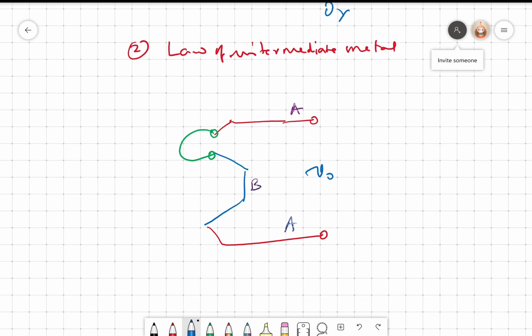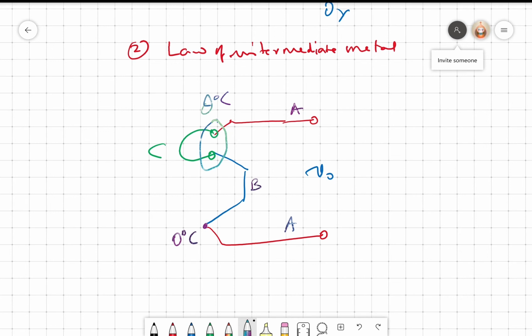I have introduced material C here, but if this junction is at theta degree centigrade, and this we always say 0 degree centigrade, then V naught is immaterial of material C. Whatever material I add, it doesn't matter.